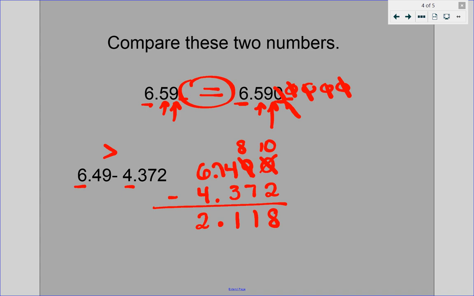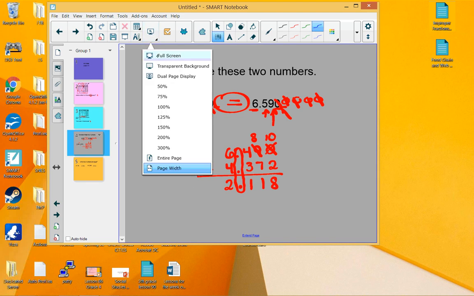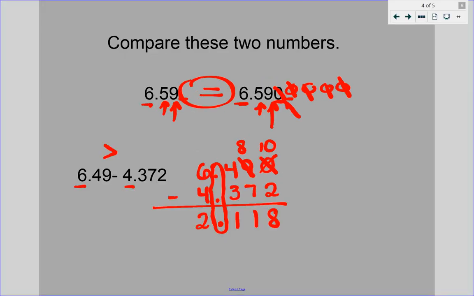This is the key. You need to line up your decimal points. All right? Every number has a column that it belongs in. So we have to have those numbers in the right column. Okay? Let's switch the colors just to make it so that it's not so blinding on us.